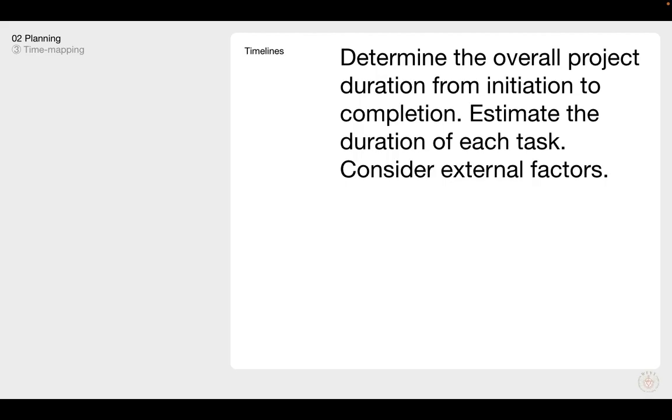the timelines for each of these things, because it's really important to also look at this realistically. So while you're determining these durations, estimating the duration of each task and each phase, it's also important to identify the dependencies between tasks and the resources availability.